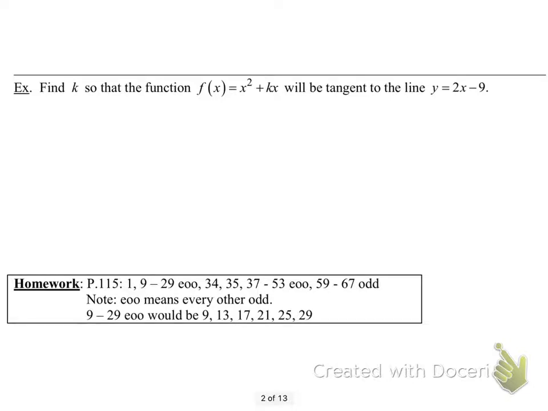Find k so that the function f of x equals x squared plus kx will be tangent to the line y equals 2x minus 9. So we look at this and we want to examine f prime of x. F prime of x is 2x plus k.